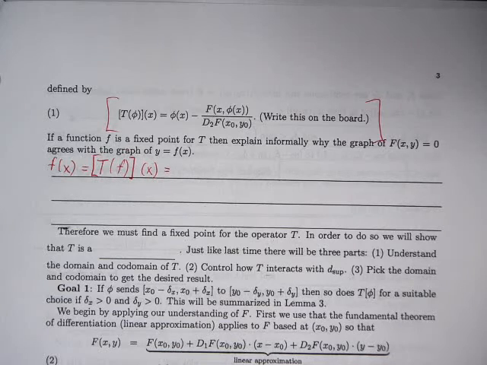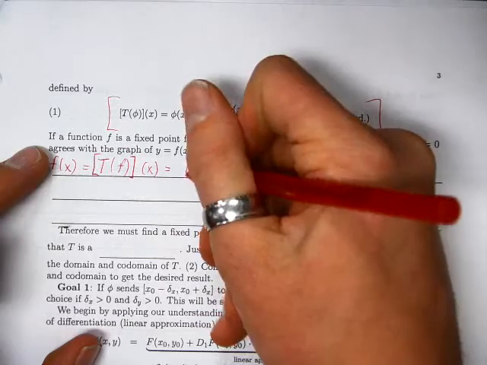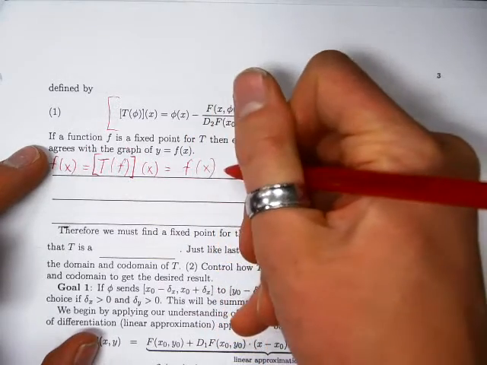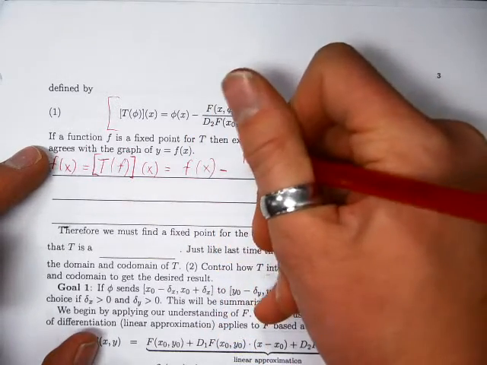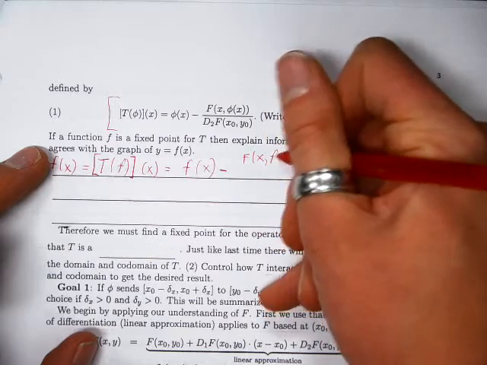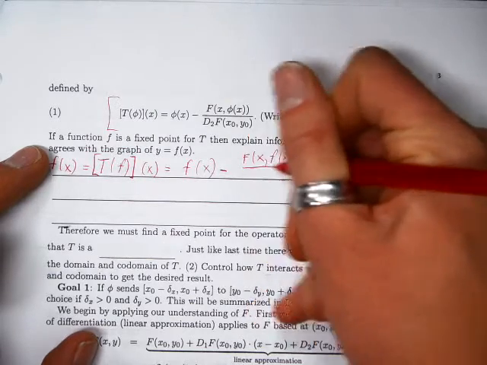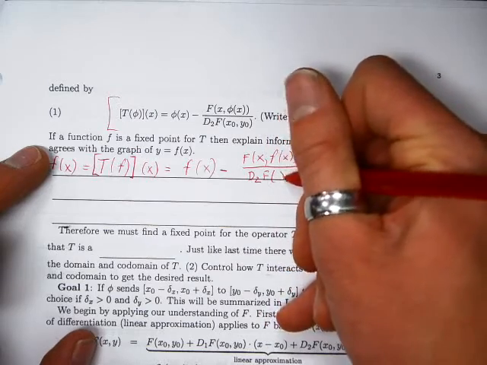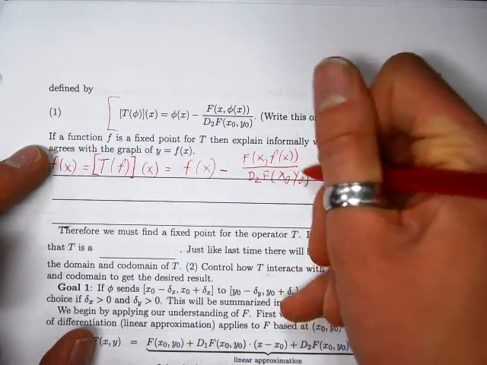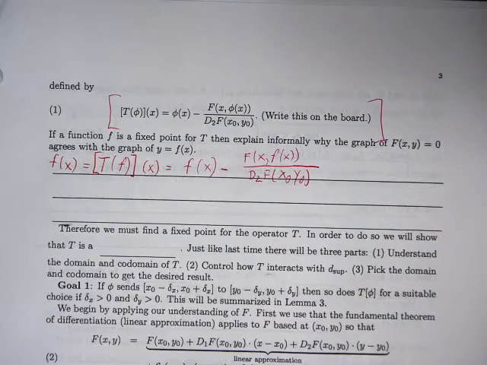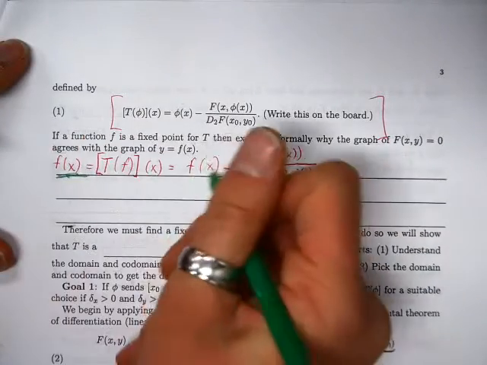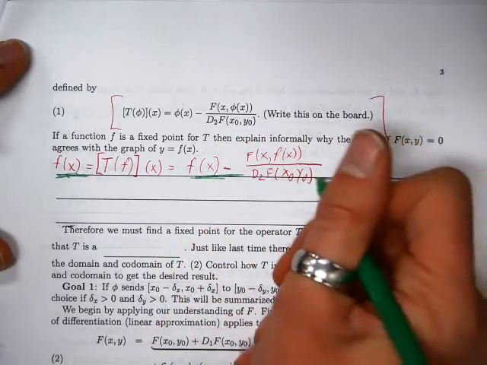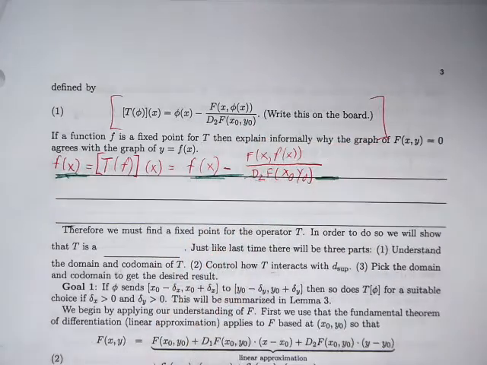It's that: T of f is f of x minus big F of x comma f of x divided by d2 F of x0, y0. So, in looking at this equation, what conclusion can you come up with?